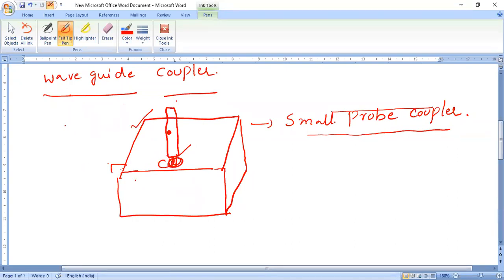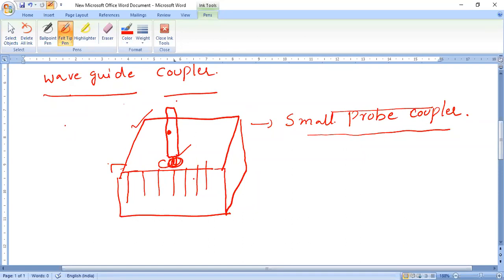Normally the electric field lines are like this. The probe is also kept parallel to the electric field lines. The probe is an extension of the central conductor.